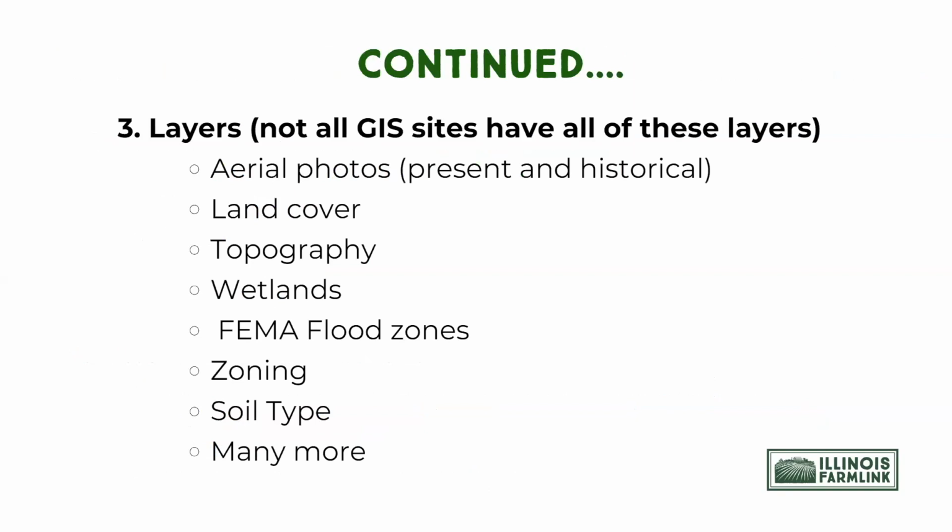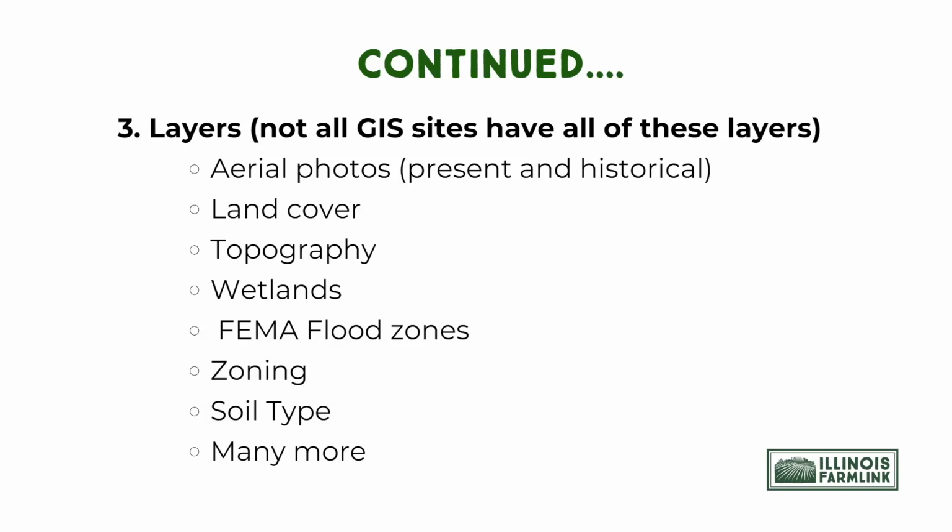And then lastly, but most importantly, these GIS sites include layers. I'll show you specifically what that looks like on the site. But these can show things like aerial photographs. The specific site we're going to be looking at has aerial photographs from the 1930s all the way up to near present. So you can see how the landscape changes over time, which can be really interesting and helpful.